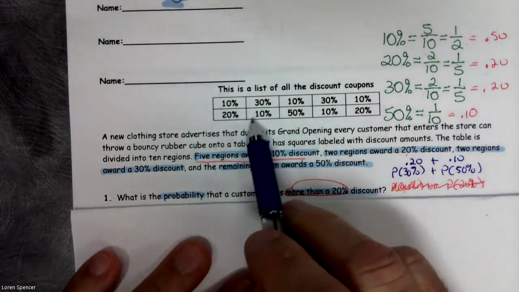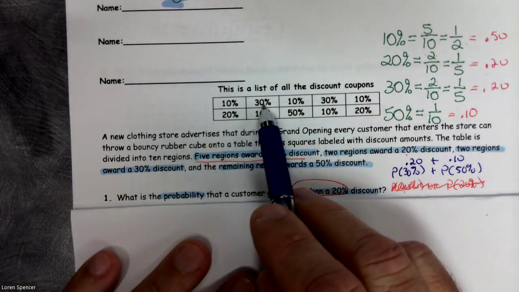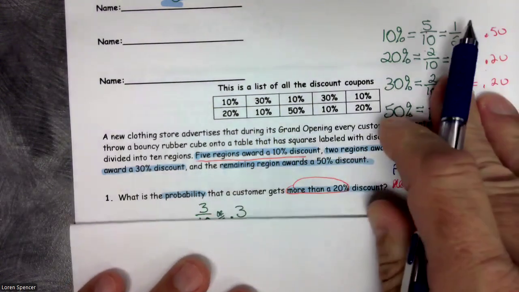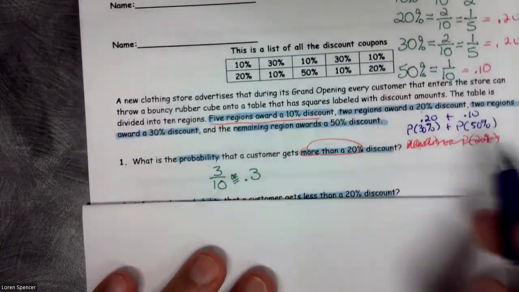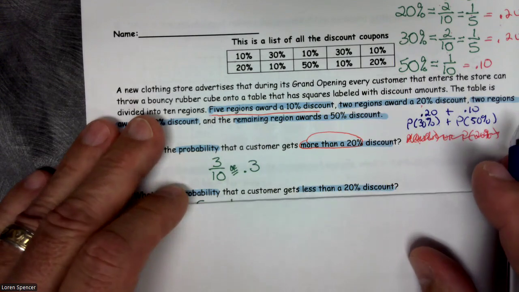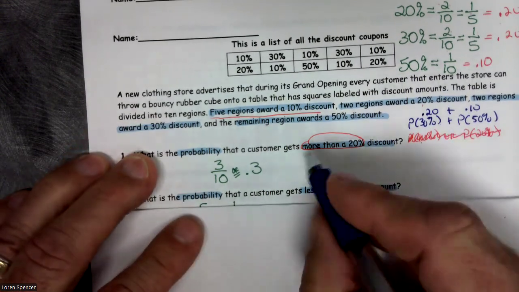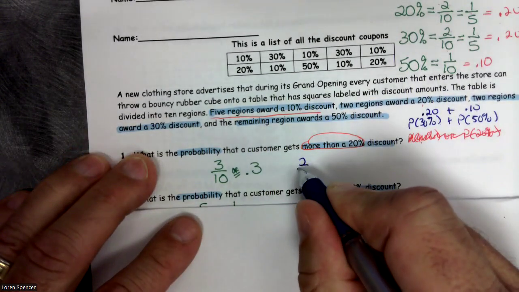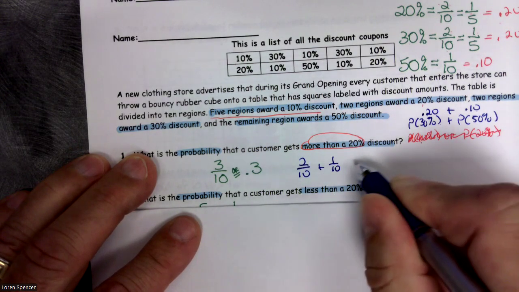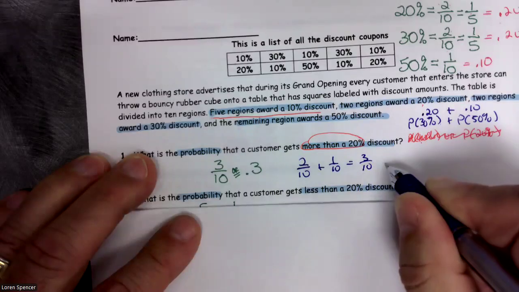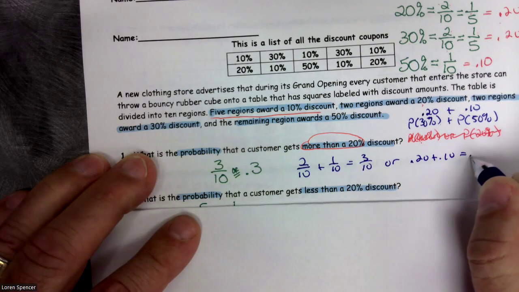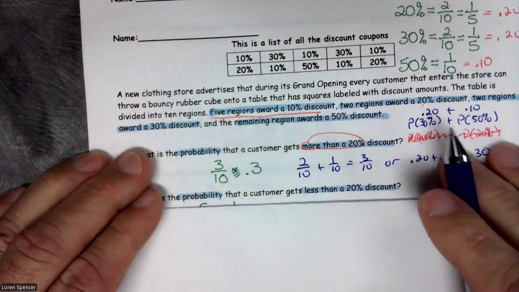Or I could have just counted them: 1, 2, 3. So 3 out of 10 or 30%. Basically it was 2/10 plus 1/10 equals 3/10, or 0.20 plus 0.10 equals 0.3. And that would be your work.